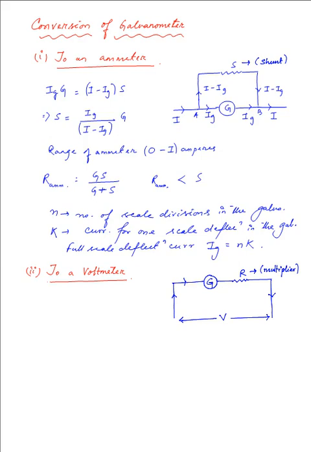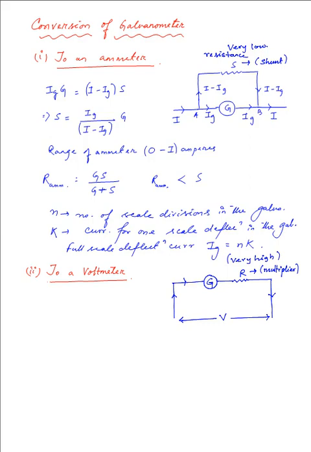So this shunt that I have shown over there is a very low resistance, while in the case of the multiplier, as the name suggests, the resistance is very high. So the difference is quite a marked one in the case of the galvanometer being converted to a voltmeter.